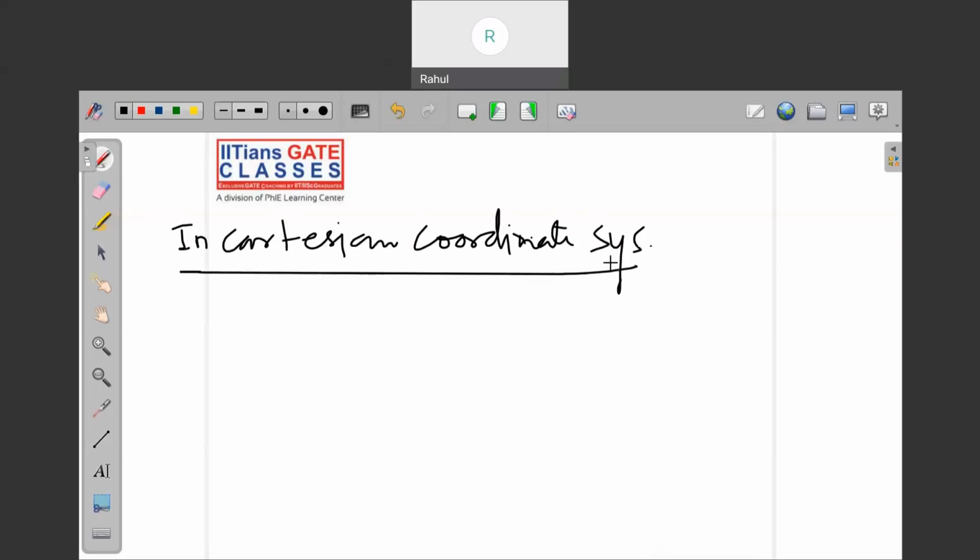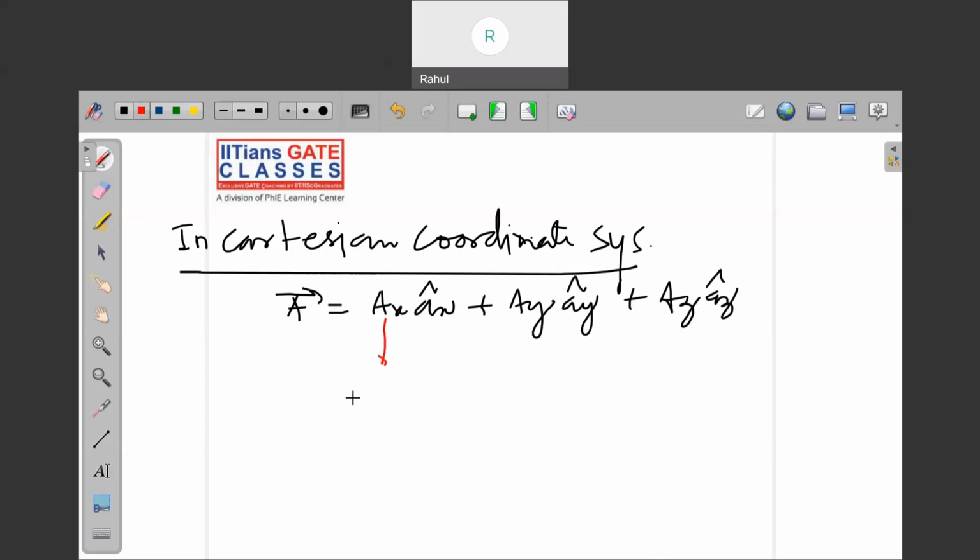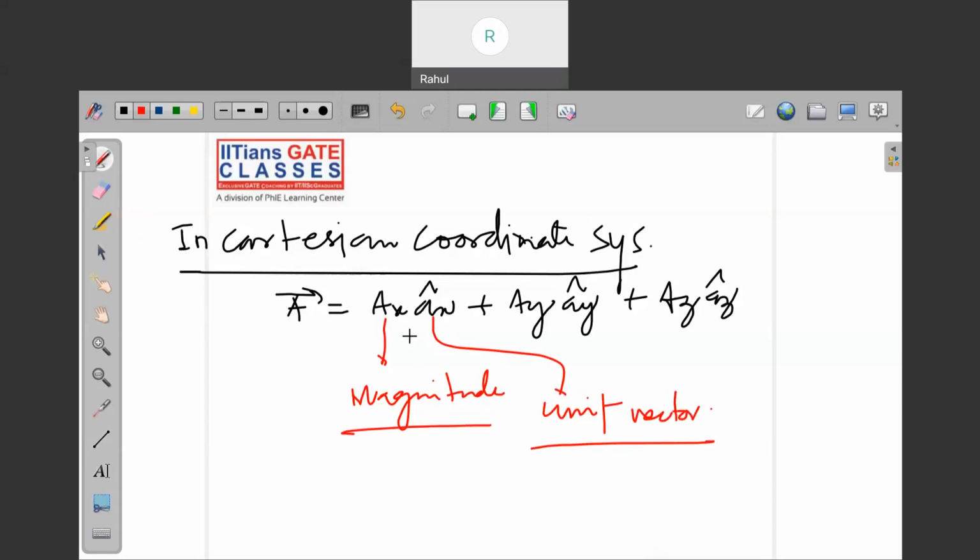Any vector A can be written as Ax in the x direction, Ay in the y direction, plus Az in the z direction. Here Ax, Ay, Az are the magnitudes, and the caps are the unit vectors.